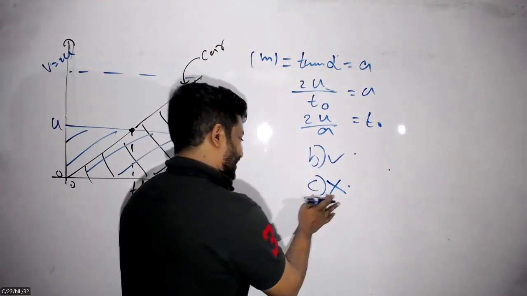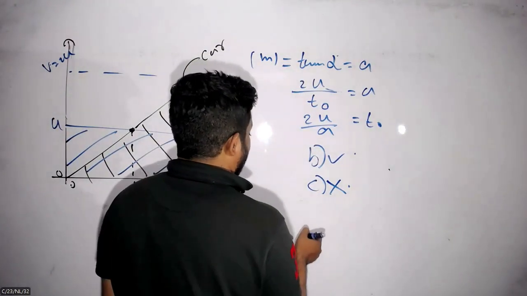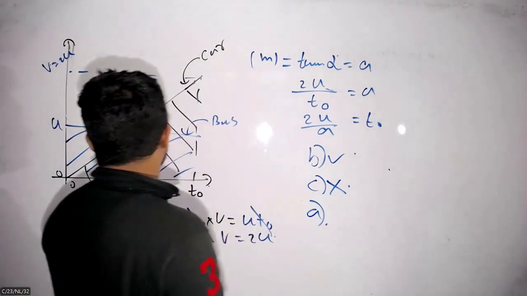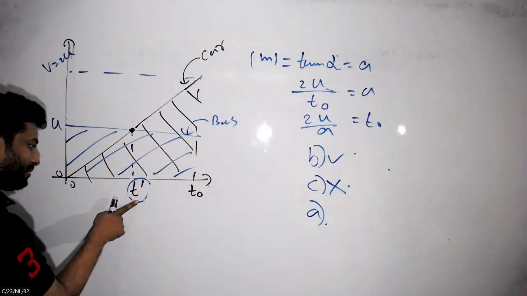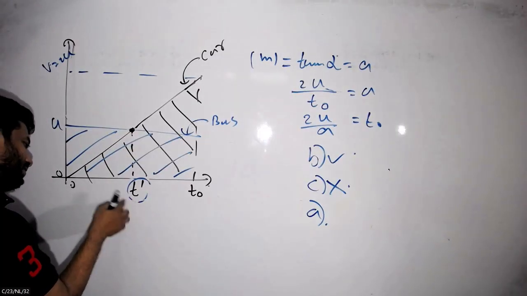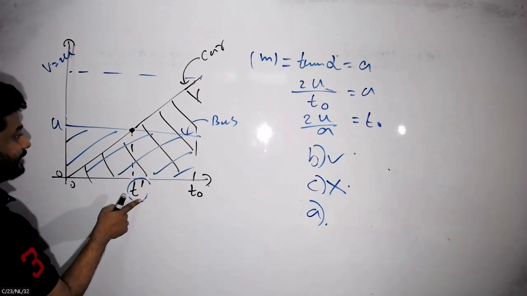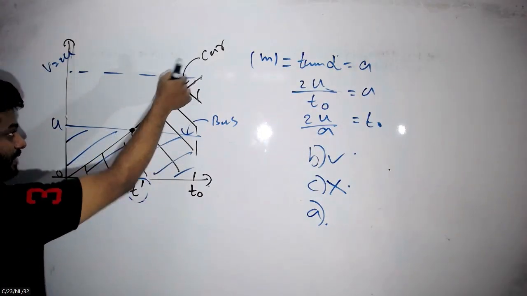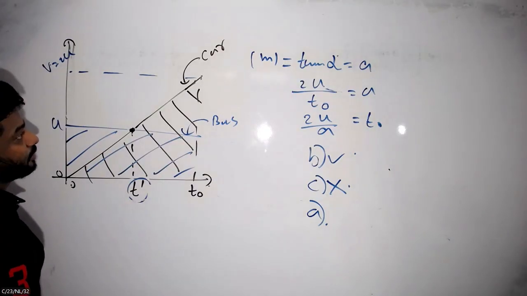Got it? Then you can identify the correctness of the simple A statement. Before finding the correctness of the A statement, you need to find this time interval. To find this time interval, you can use the gradient of the velocity time curve of the car.